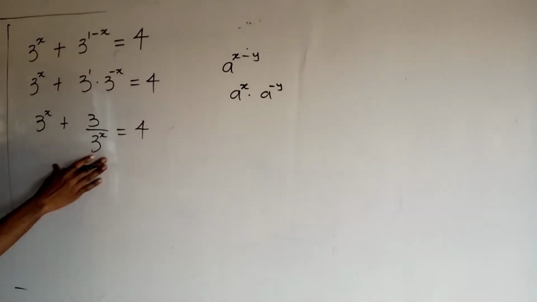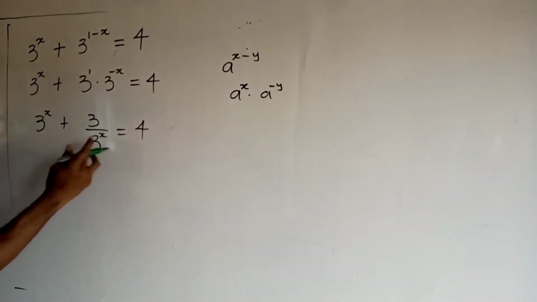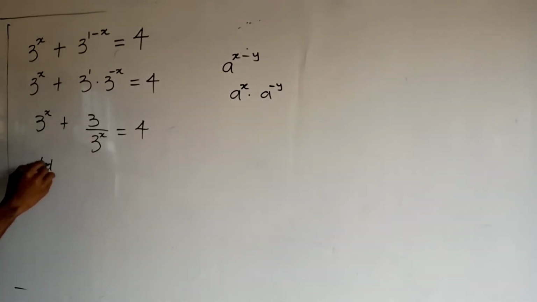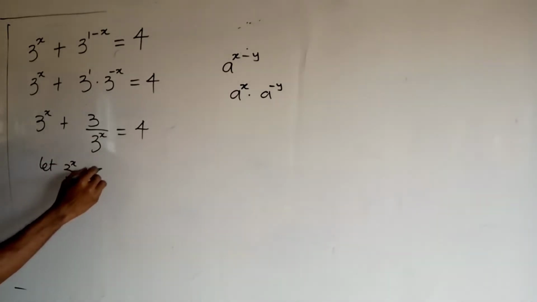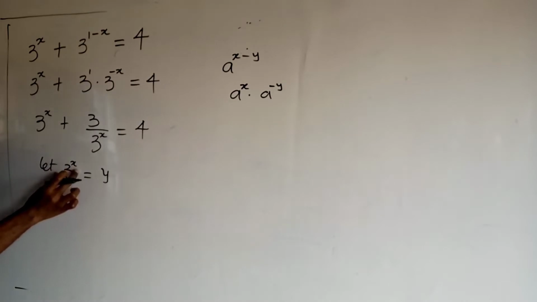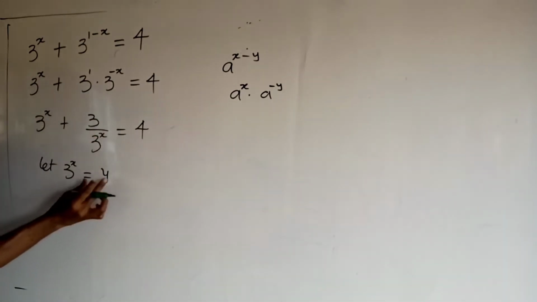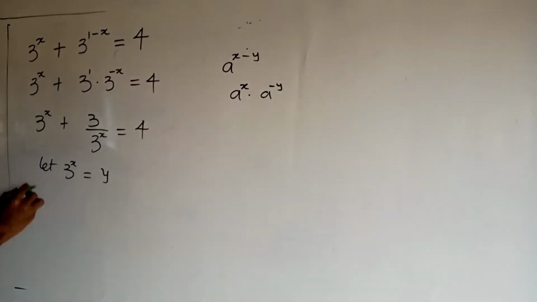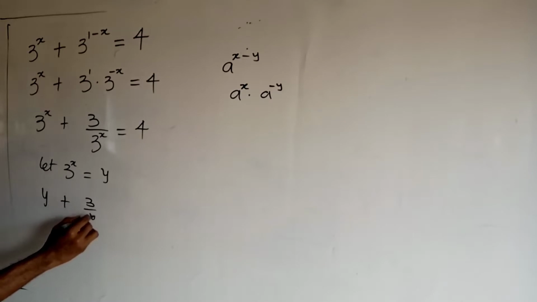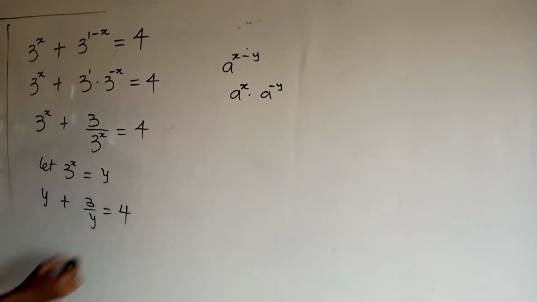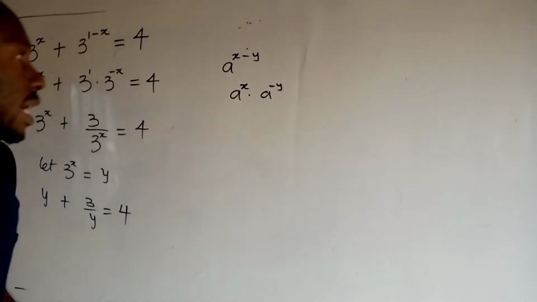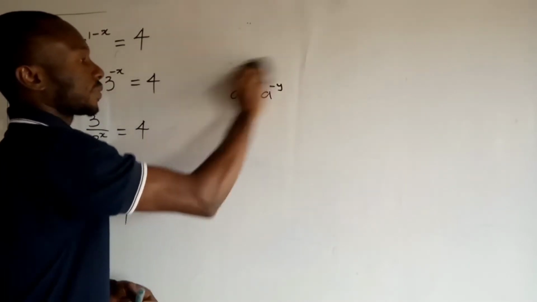Now the next thing you want to do is let 3 to the power x be equal to y. Whenever I see 3 to the power x in this equation, I will replace it with y. So I have y plus 3 upon y is equal to 4.